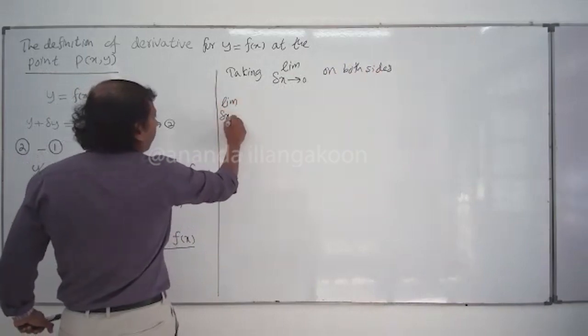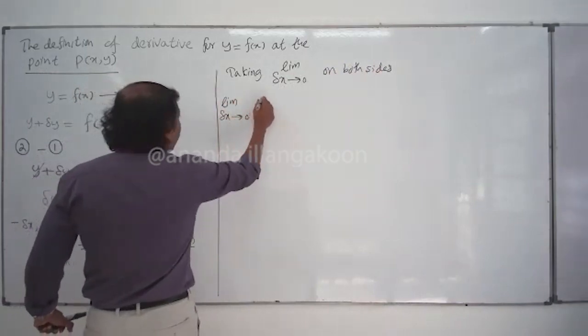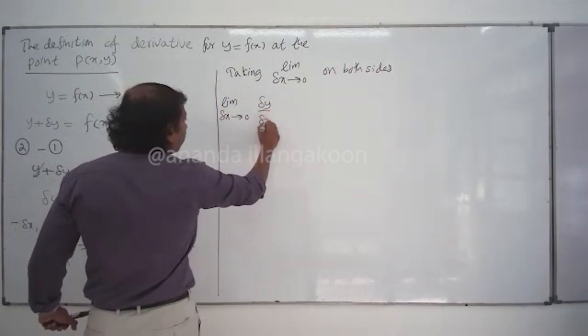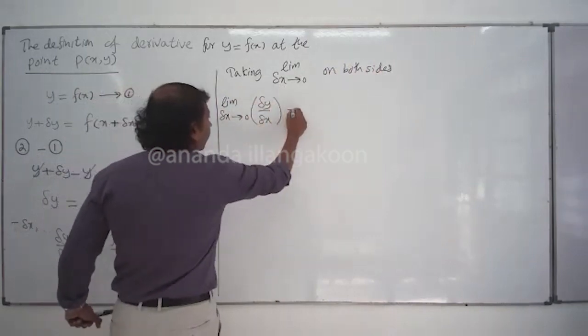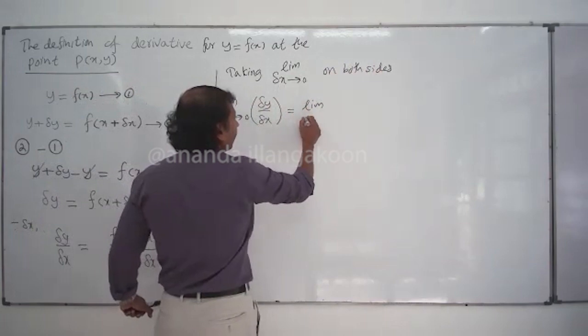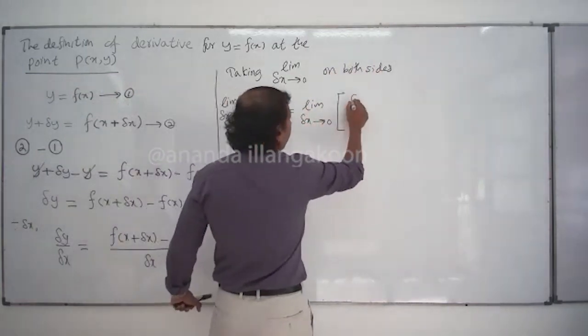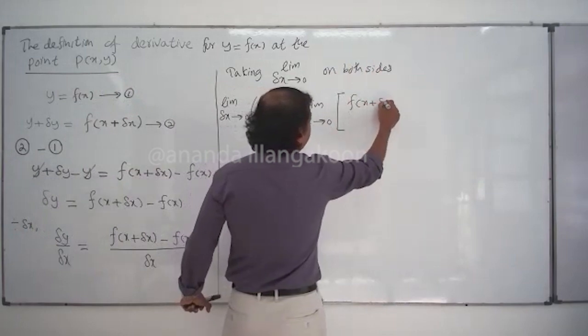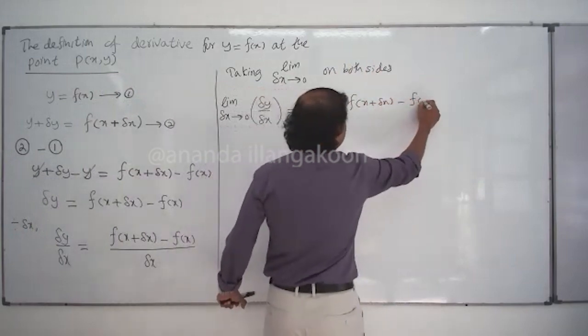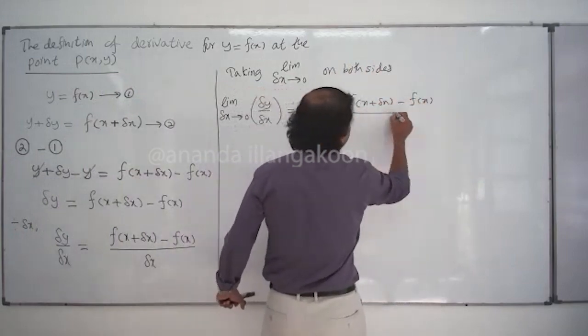The limit as delta x goes to 0 of delta y by delta x, equals the limit as delta x goes to 0 of f of (x plus delta x) minus f of x divided by delta x.